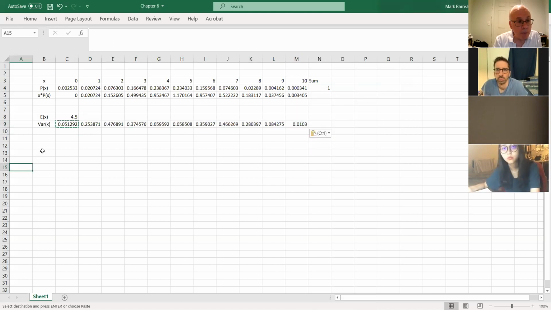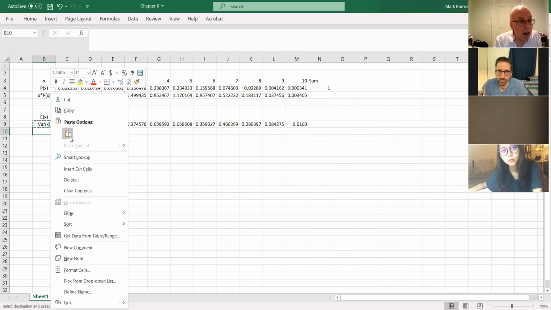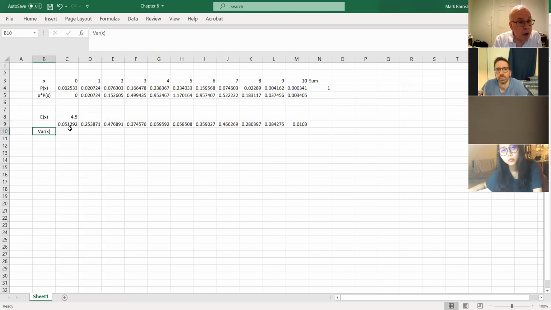Okay. Now, what I should have done, to be honest with you, is cut this and move it down one. All right, so this is fine. I can actually put in what I just did: x minus E of x, quantity squared.